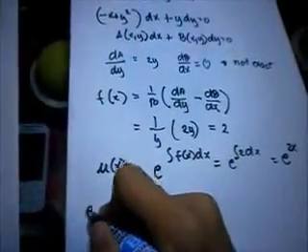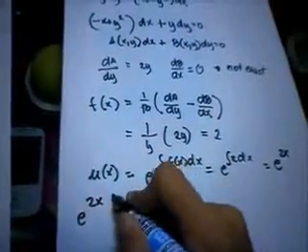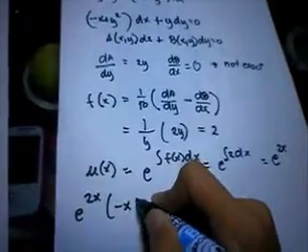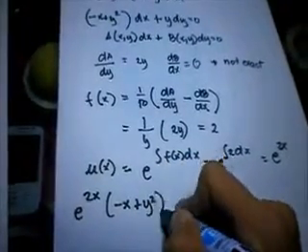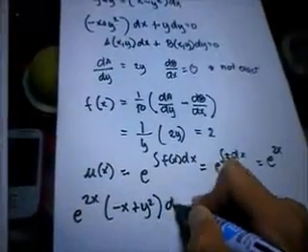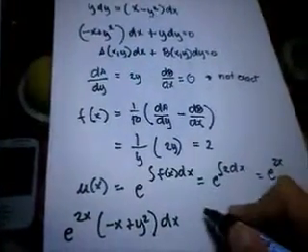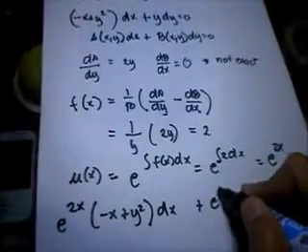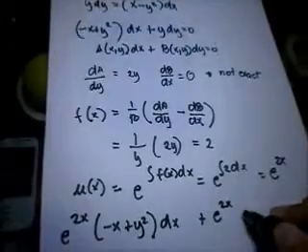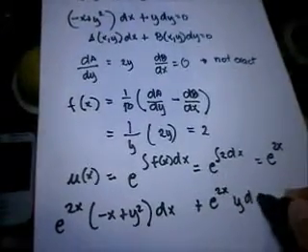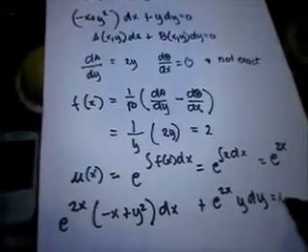We have e to the 2x times negative x plus y squared dx plus e to the 2x y dy, which is equal to 0.